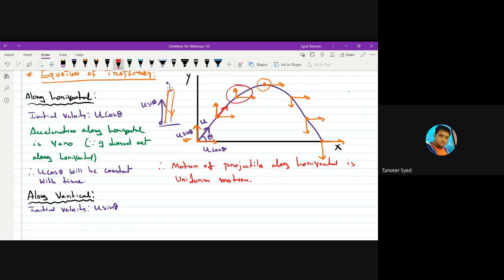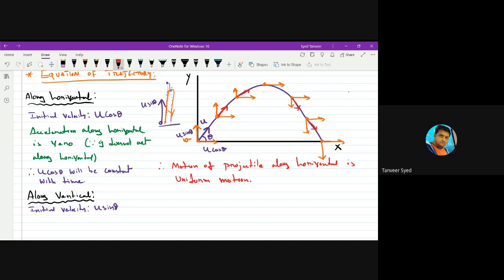At this point, this is horizontal velocity, this is vertical velocity. The resultant of these two will be something like this. And at this point, there is only horizontal velocity, so resultant velocity will be horizontal. At this point, the resultant is this.